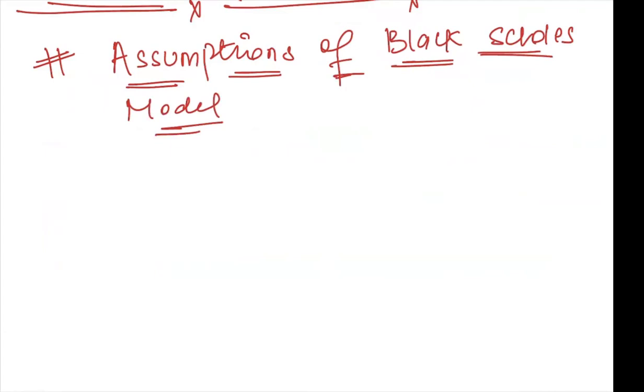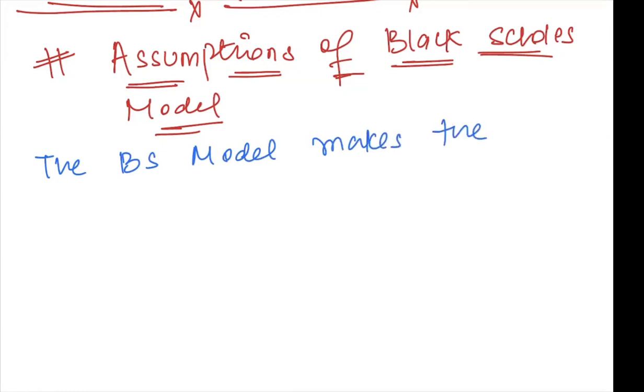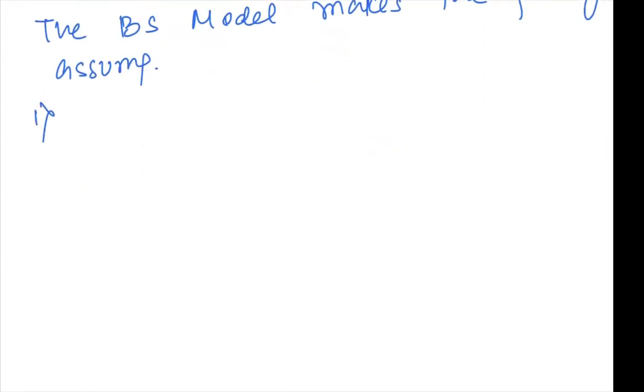In the world of quant finance, every model will have some assumptions. If you see the linear regression model, it also has, I guess, 5 assumptions. Similarly, all the models that you'll see in quant finance will have certain assumptions. So the Black-Scholes model makes the following assumptions.